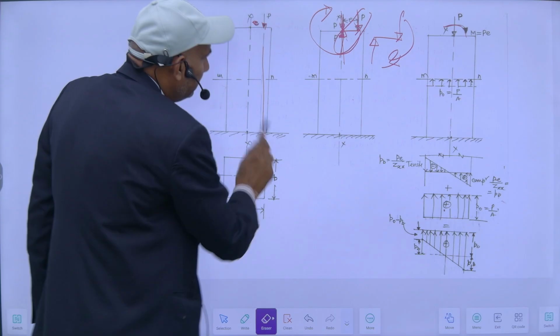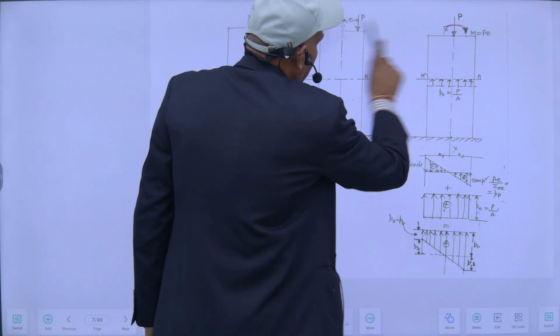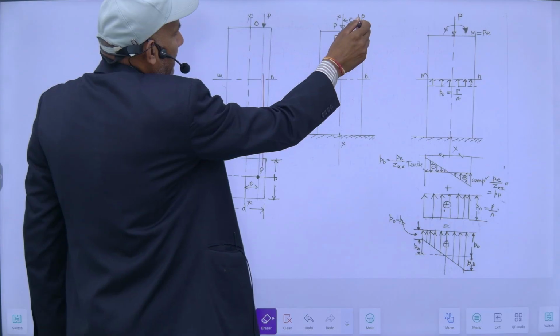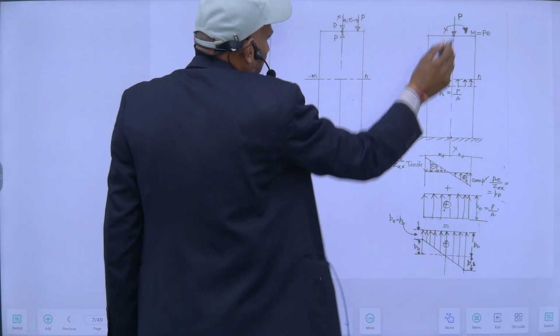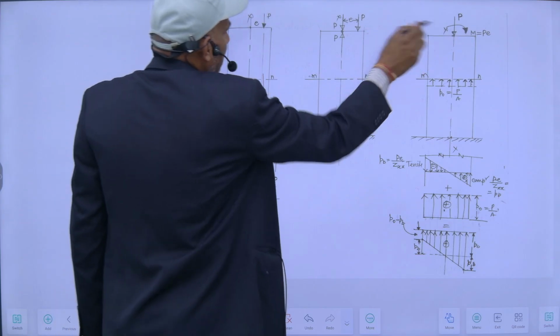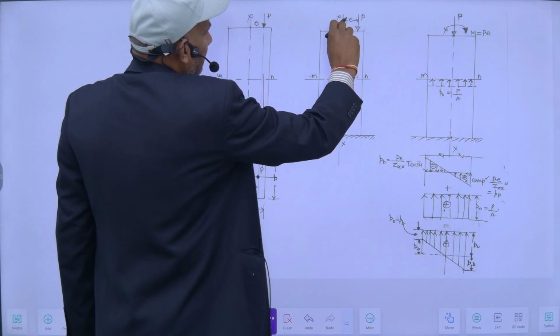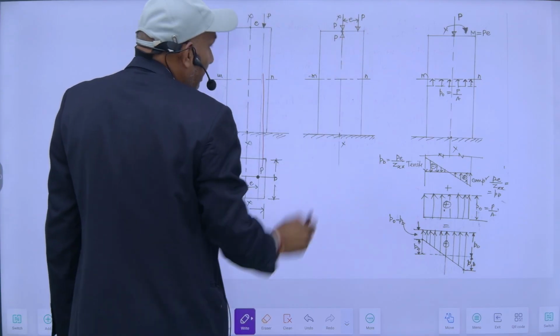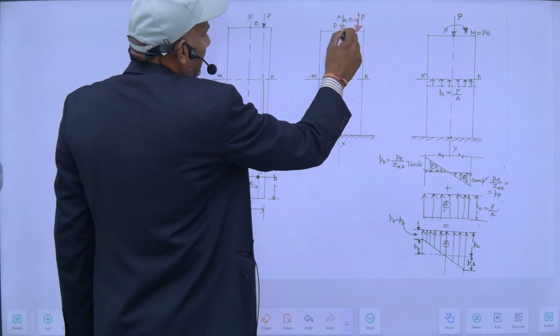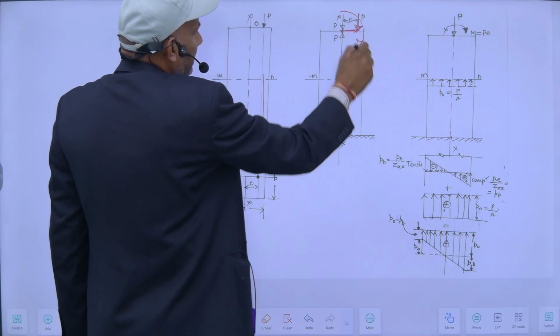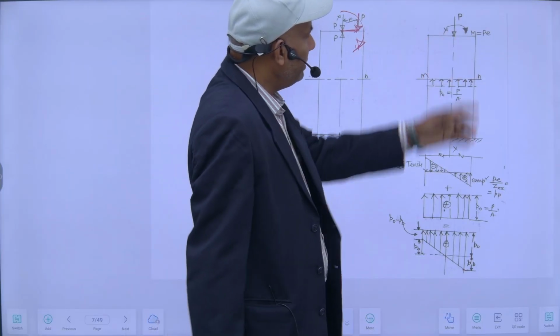So in this case you place this load exactly from this point to this point here, and along with this there will be a moment, in the direction of the force. The load is acting like this and this is the distance, so the moment will be like this. So this is my moment.